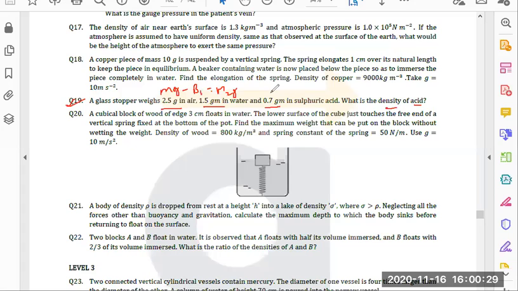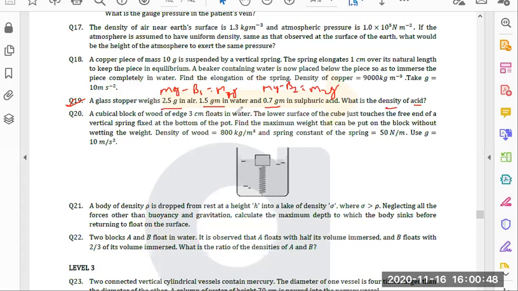And again, in this case, you will get the same thing. Mg minus b2, or write down m1g, will give you m2g, which is this. Right, everyone? Now you have two equations.